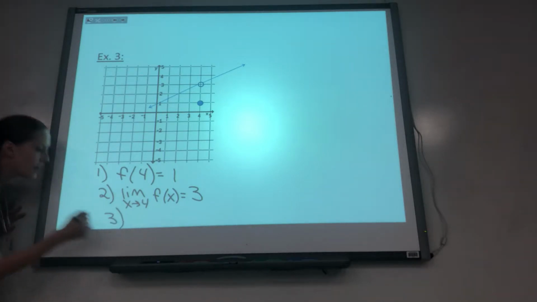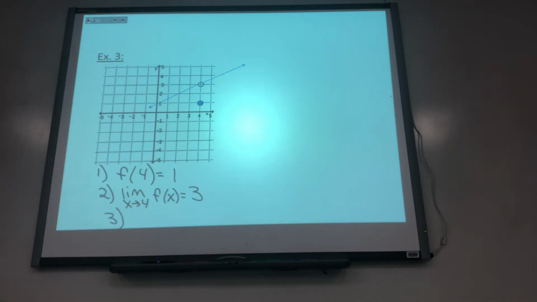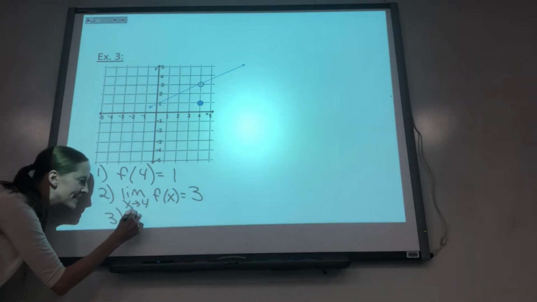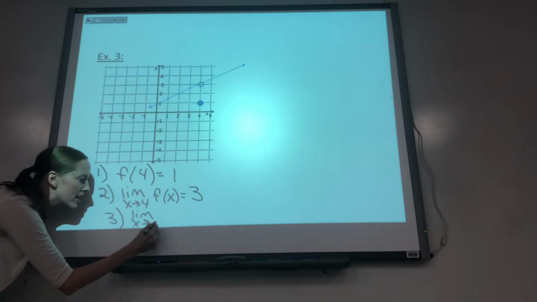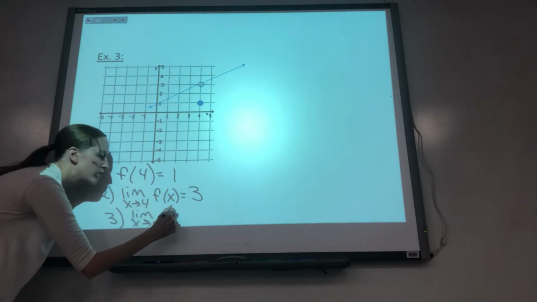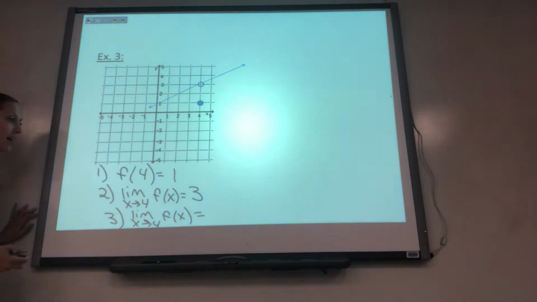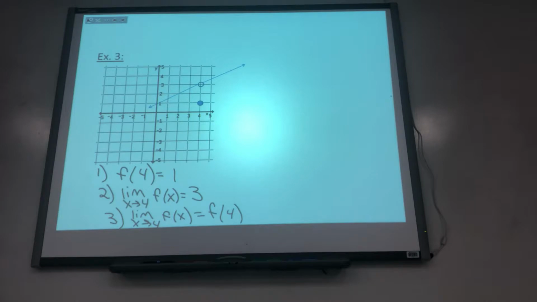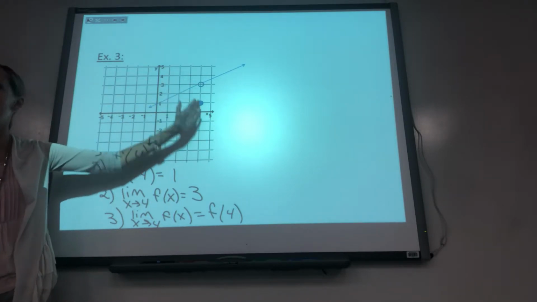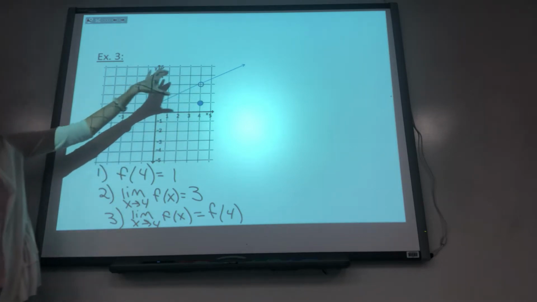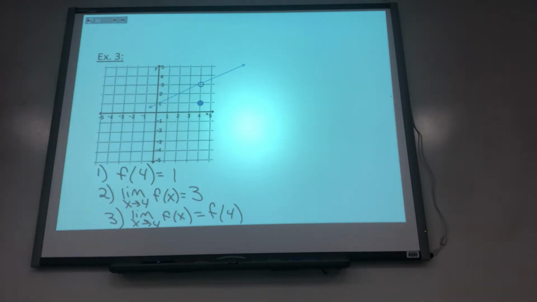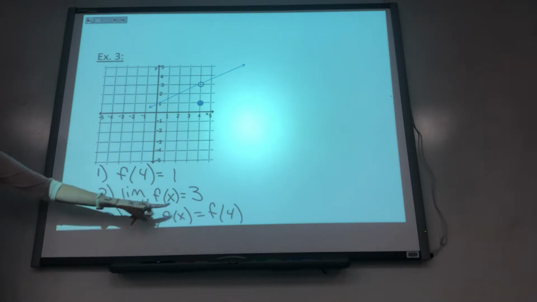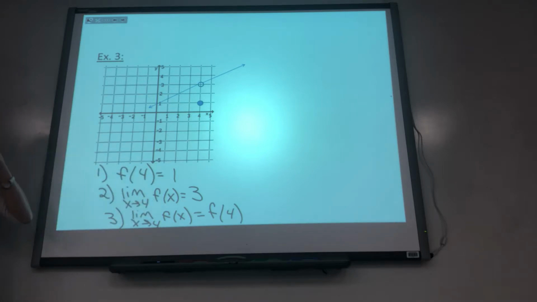Then I move on to condition 3, which says the limit as x approaches 4 has to equal f of 4. Again, I know to use the x value of 4 because that is the problem area on my graph. That's where things get weird. So I'm checking, does the limit as x approaches 4 equal f of 4?